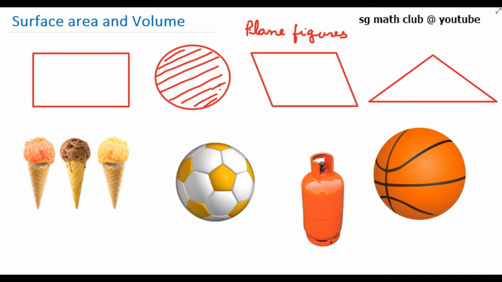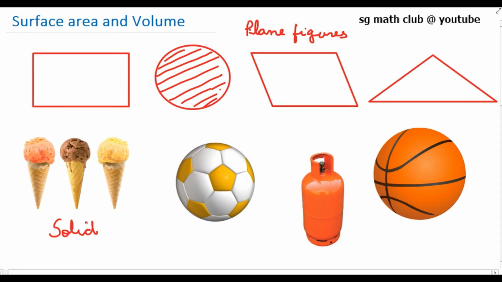But whenever we look around, we usually see solid figures like these, three-dimensional figures. For example, a cone ice cream, a ball, a cylinder, a gas cylinder. So we are seeing solid figures. How are we getting these solid figures?